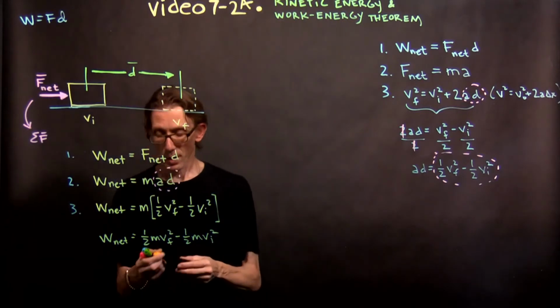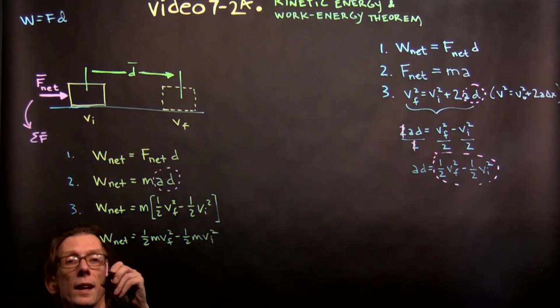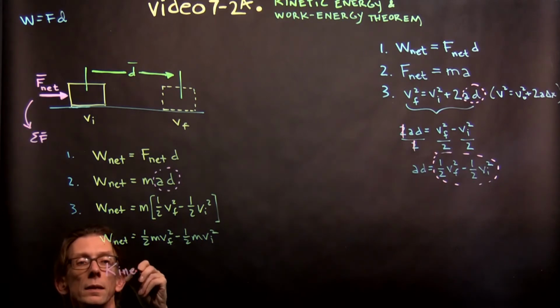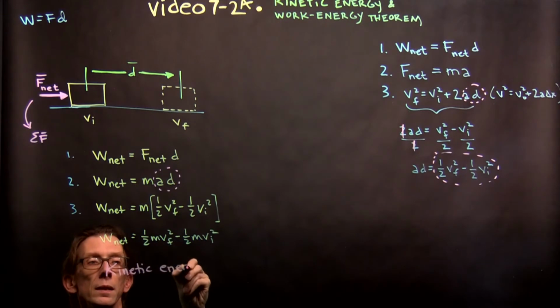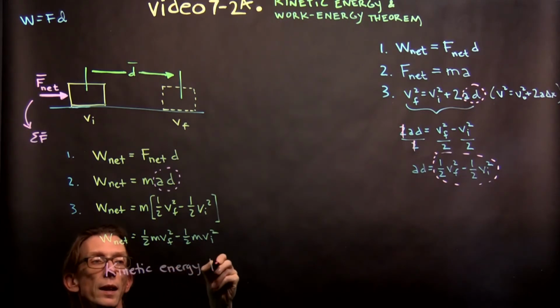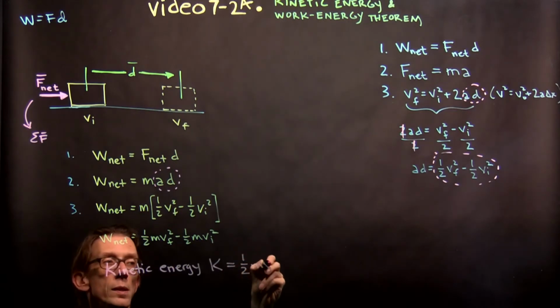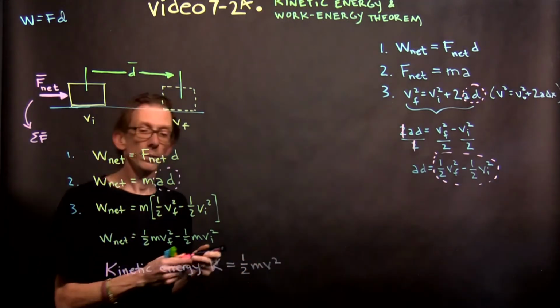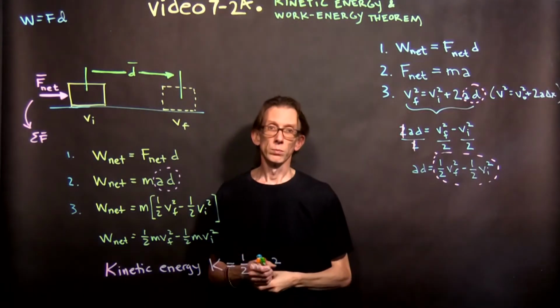Now what I want to do is to look at this and define a new thing known as the kinetic energy K. We're going to define it to be 1/2 mv squared. Okay.